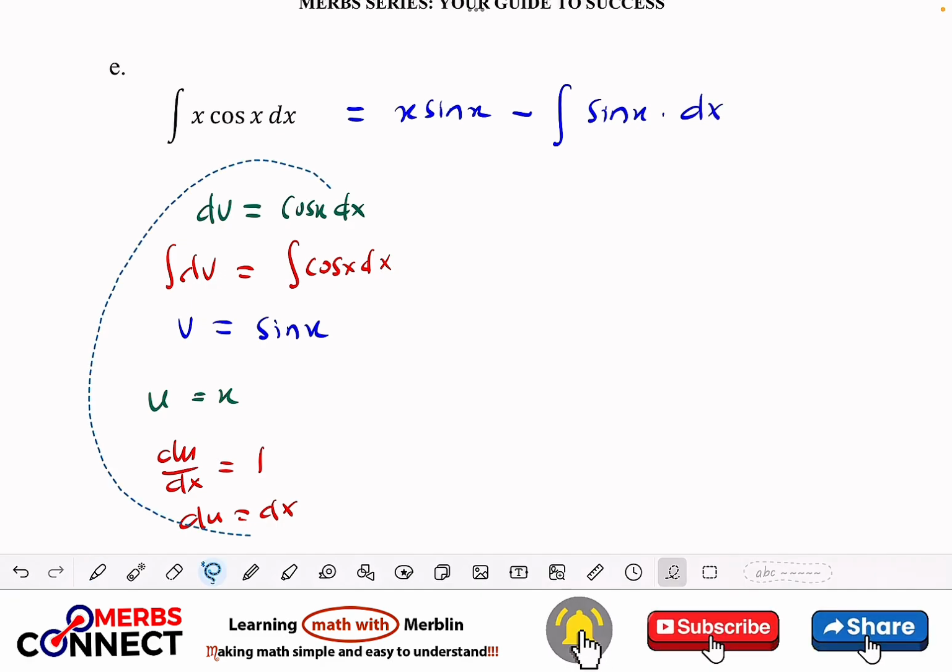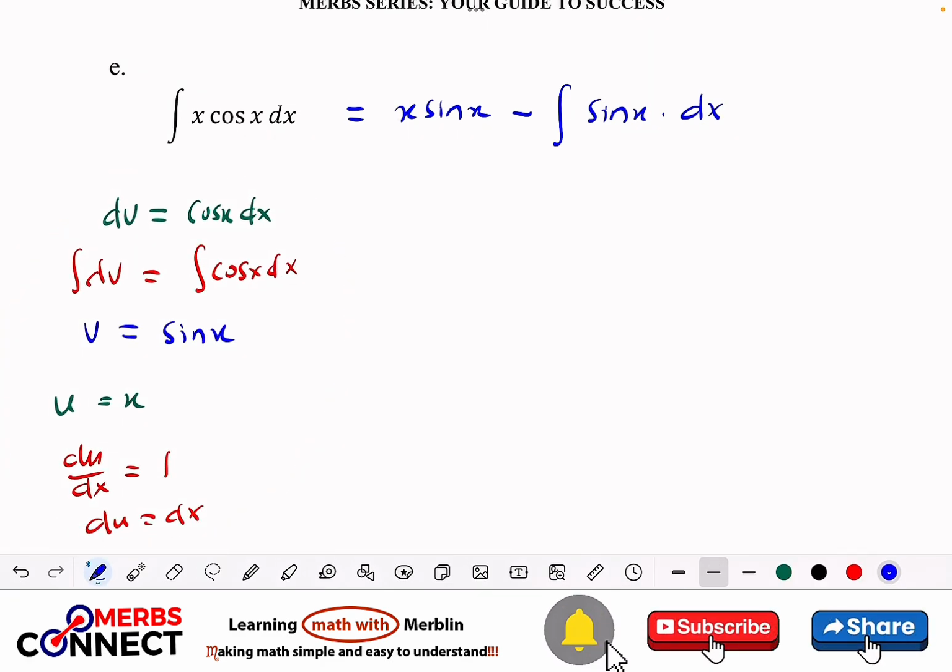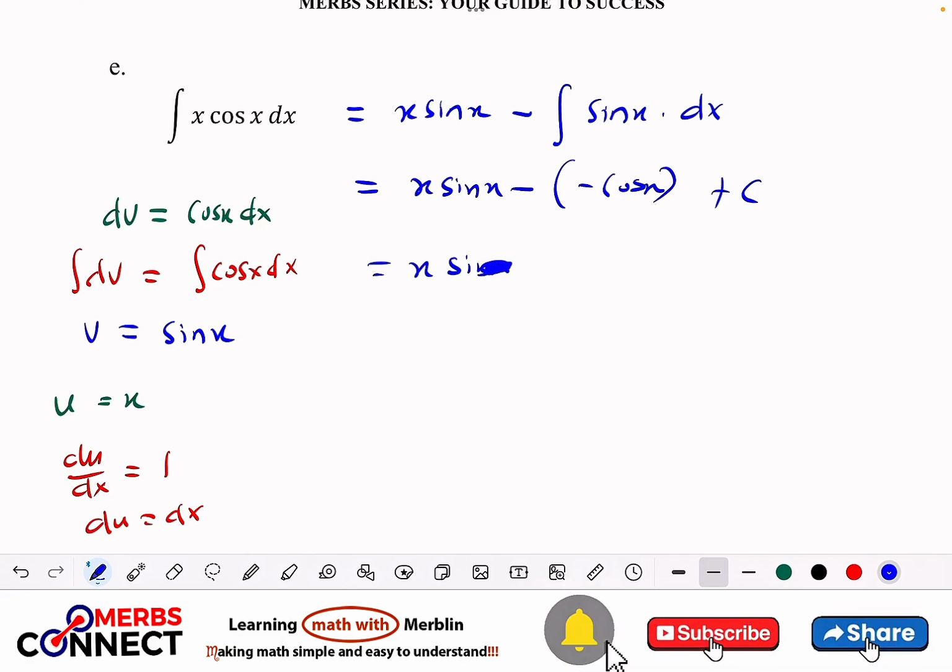So this is what I'm going to get. This is going to give me x sine x minus, when I integrate sine x, I get minus cos x, plus c. And this is x sine x plus cos x plus c.